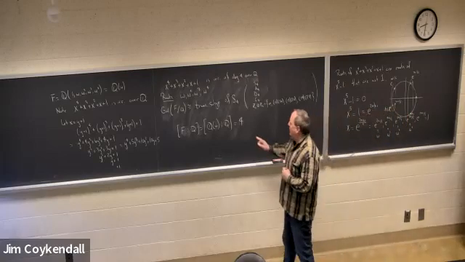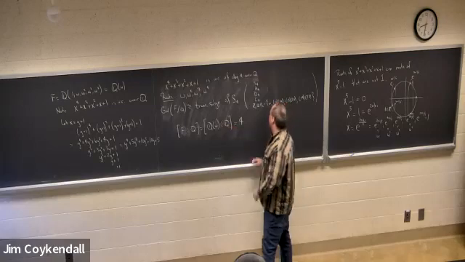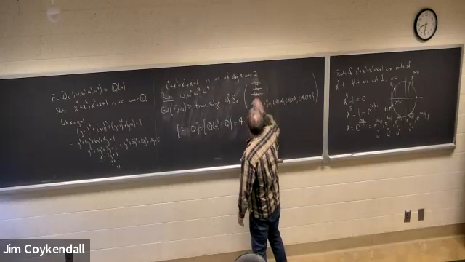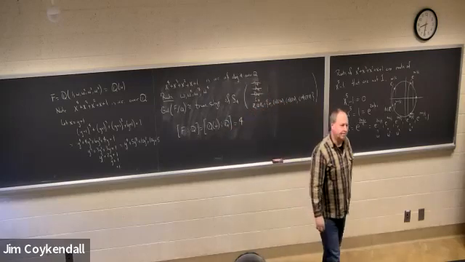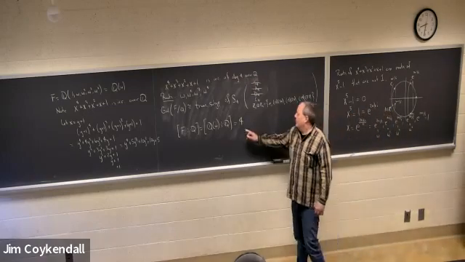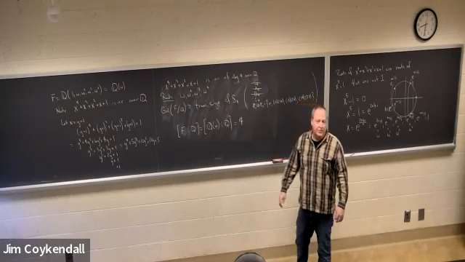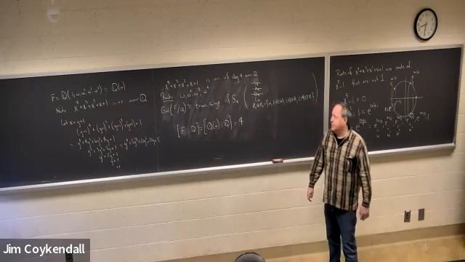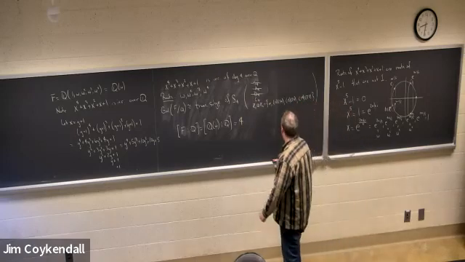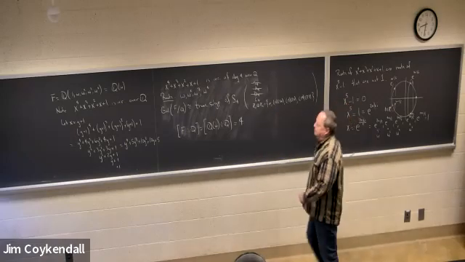If the extension is of degree 4, and it's Galois because it's the splitting field of this, those Galois groups are all too big, right? The degree of this extension should be equal to the order of the Galois group. So here are your choices: C4 and Z2 ⊕ Z2. That's it. Let's see if we can figure out what happens.